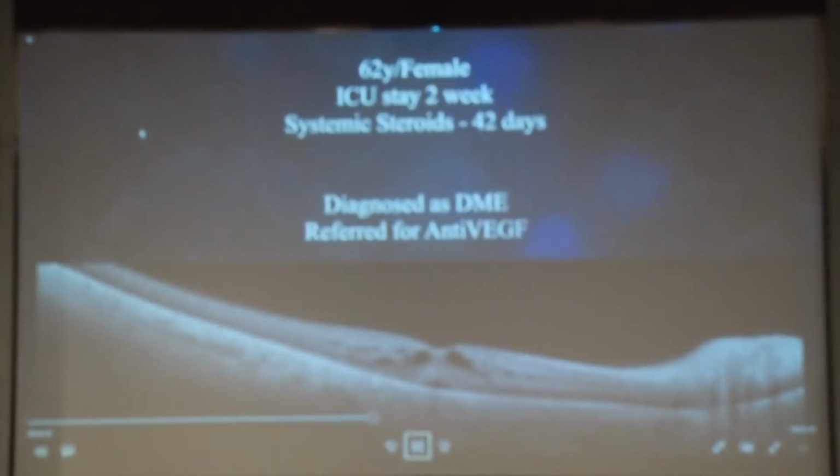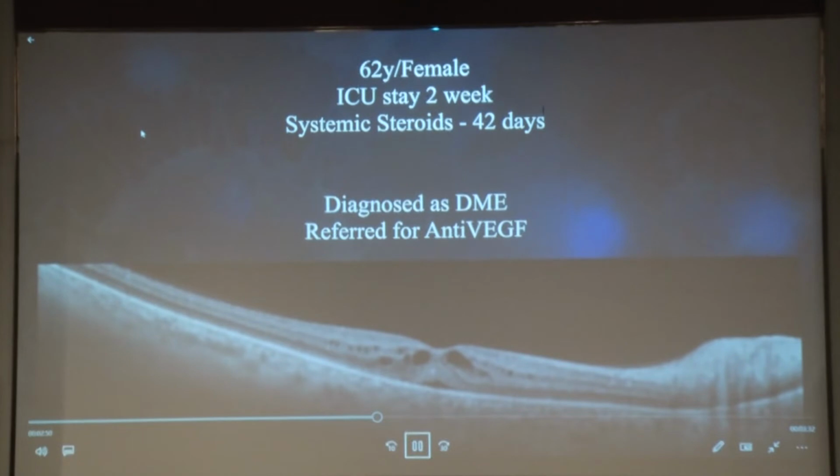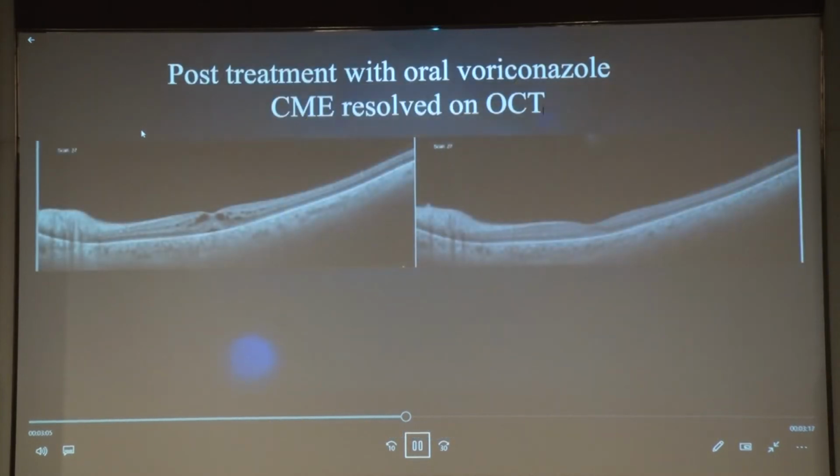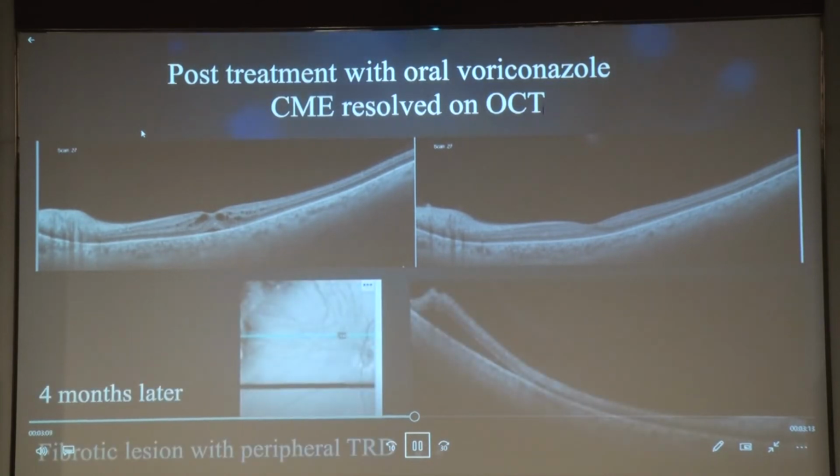Our next case was diagnosed elsewhere as diabetic macular edema and was referred to us for anti-VEGF injections. We noted CME on the OCT but surprisingly found a yellowish creamy lesion superonasally in the fundus. We treated her with oral and topical voriconazole. The CME resolved and vision improved. However, 4 months later, there was fibrosis in this area causing a tractional retinal detachment.